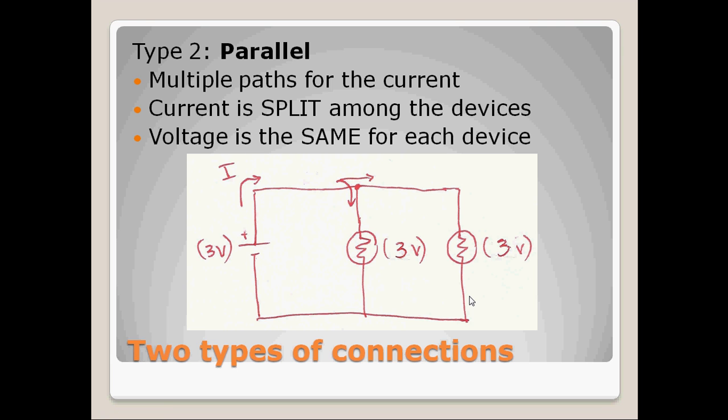However, the voltage will still end up being the same for each device. The voltage here is the same as the voltage here, even though the current ended up getting split at this point. That also explains why these light bulbs are so much brighter than the ones that we saw in the series connection, because they still maintain that full 3-volt potential difference from one side to the other.